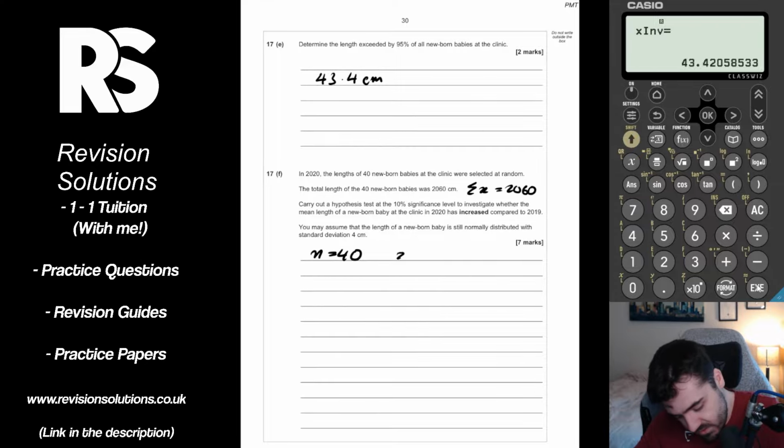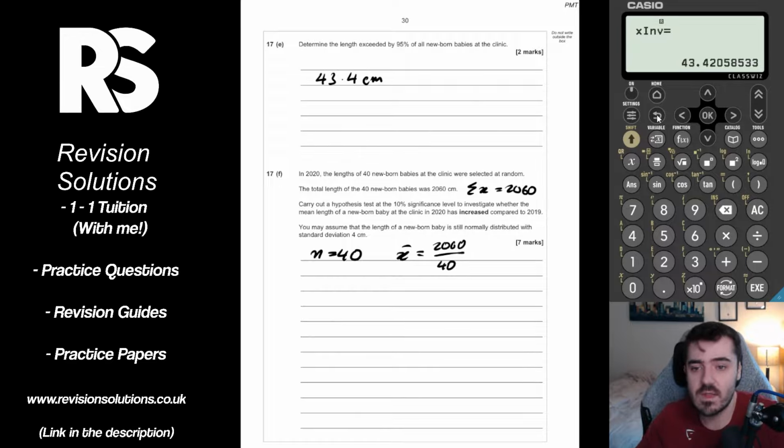So that means our x bar, the average of these babies, is 2060 over 40. So let's evaluate that. 2060 over 40, which as a decimal is 51.5.